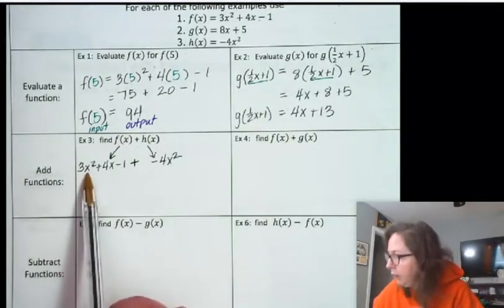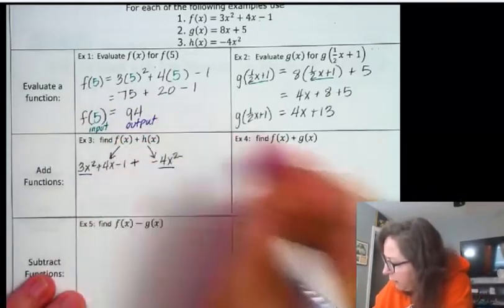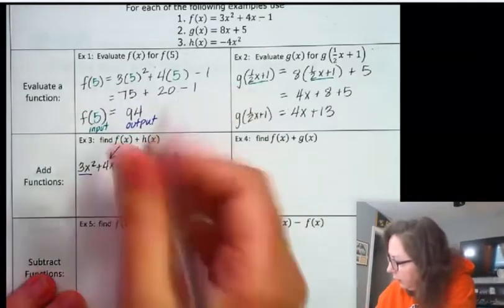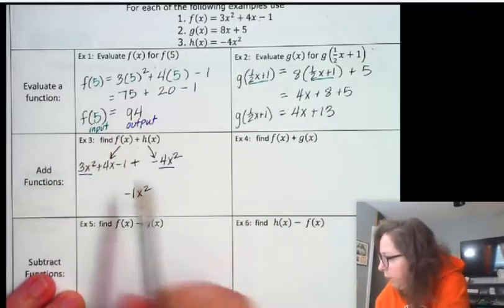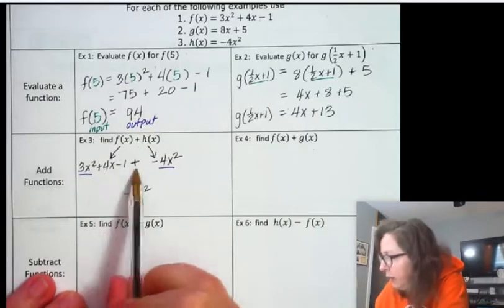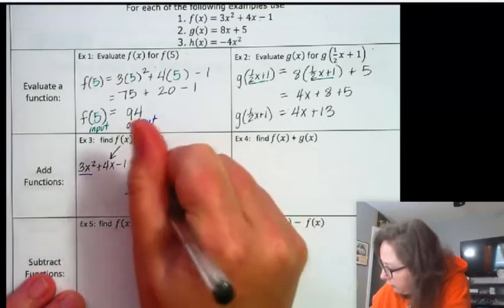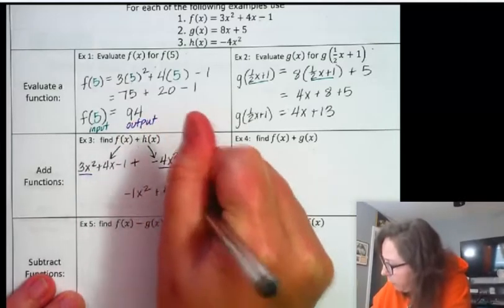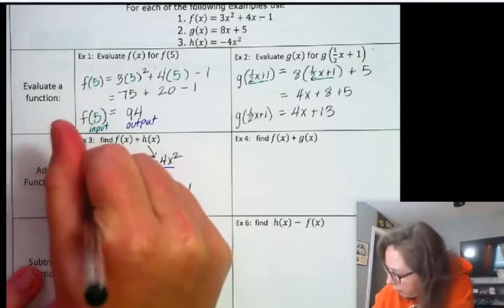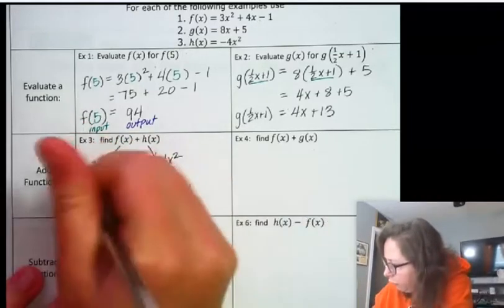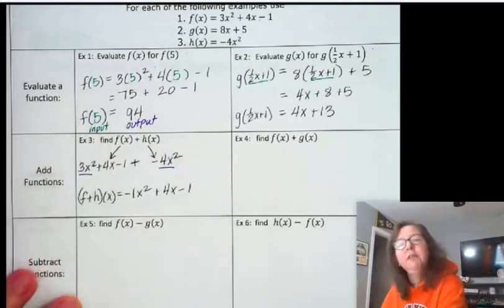So 3x squared minus 4x squared is negative 1x squared. And then there's nothing else to add to any of these other terms. So 4x minus 1. Okay, and so that is adding f plus h of x. And that's the final answer.